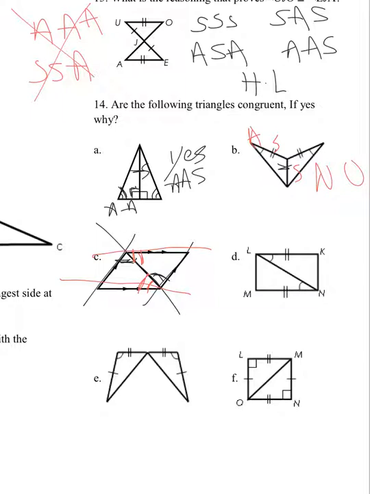So alternate interior angles are matching there, and then they share this diagonal. So I know it's a lot of stuff going on there, and I'll see if I can take it off. Probably have to take everything else off. So let me just erase it in the normal way. But the point I was getting to is you have opposite alternate interior angles on both sides, and then the side in the middle, so you have angle, side, angle. That is a yes on that one.